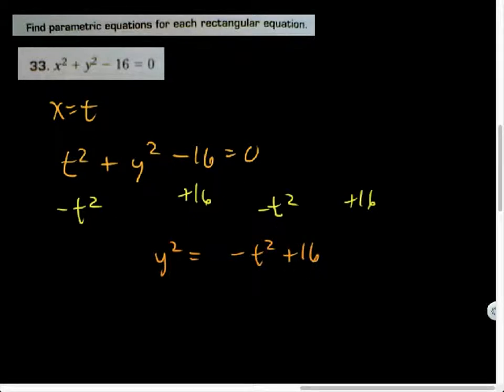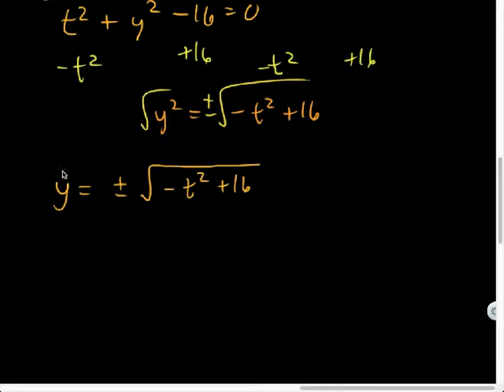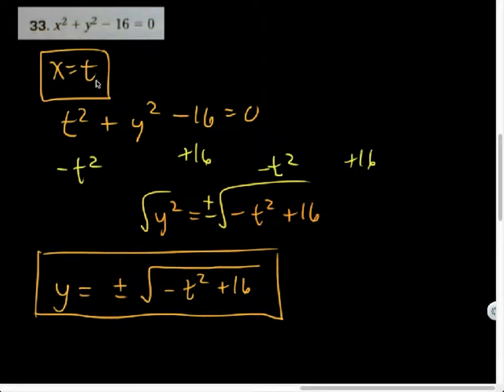To solve for y, I'd root both sides, and I'd do plus or minus, I wouldn't forget it. You never want to solve for t, not in this case. So y equals plus or minus the square root of negative t squared plus 16. These are my two parametric equations for horizontal and vertical.